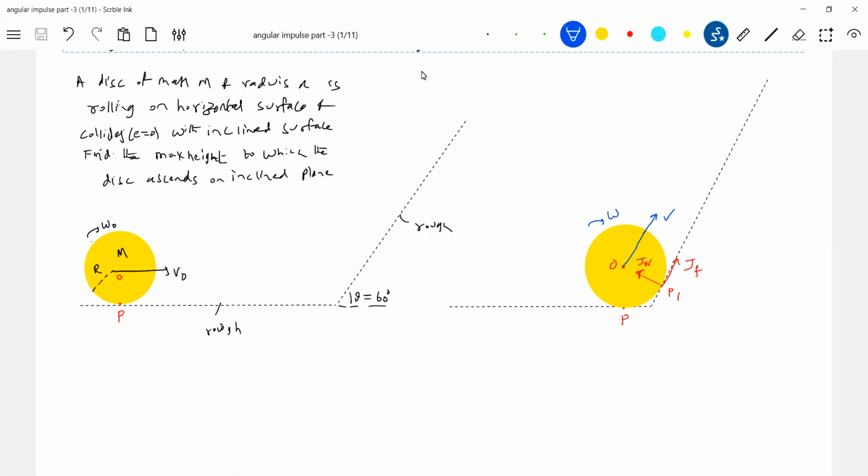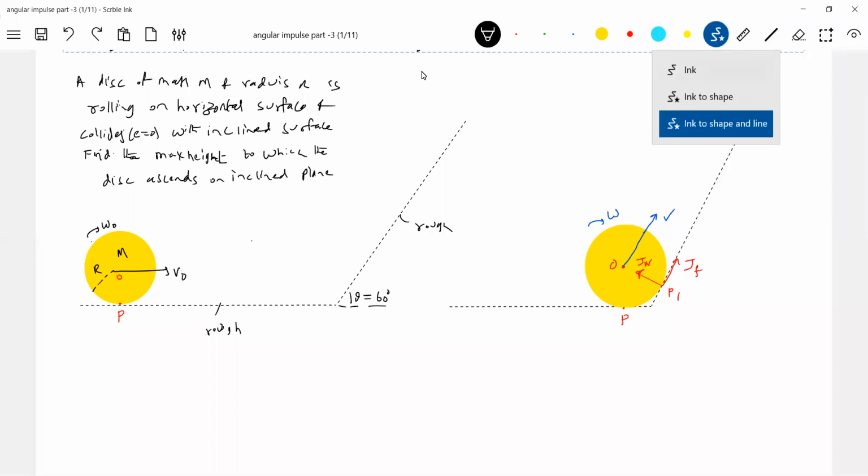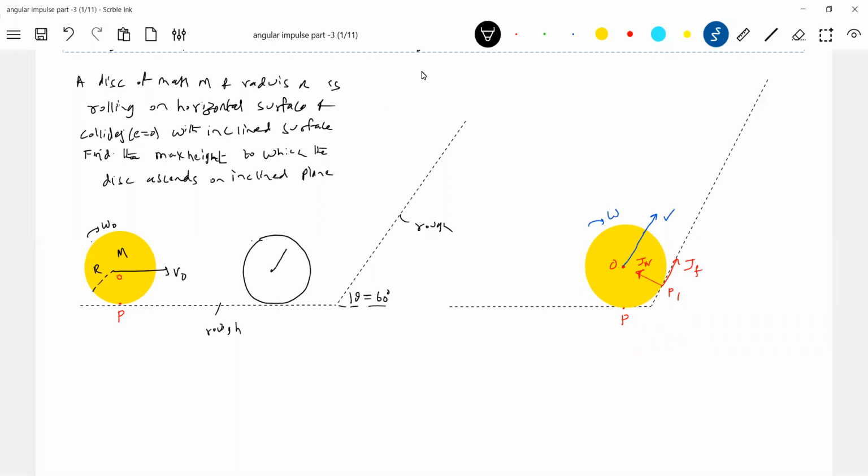So, a rough diagram. Let me put it. When it is here, same as this when it is here, it will be like this, no?